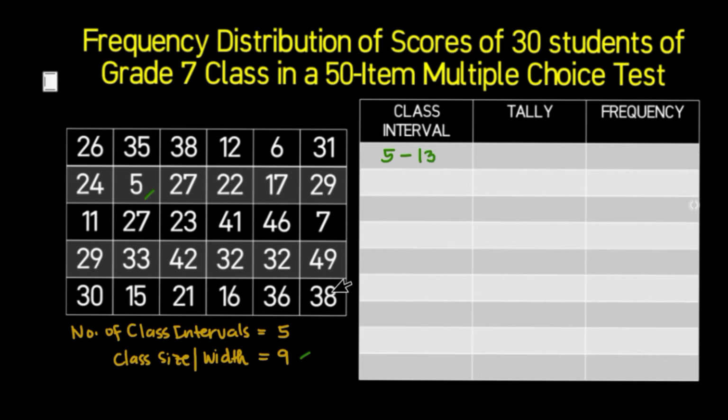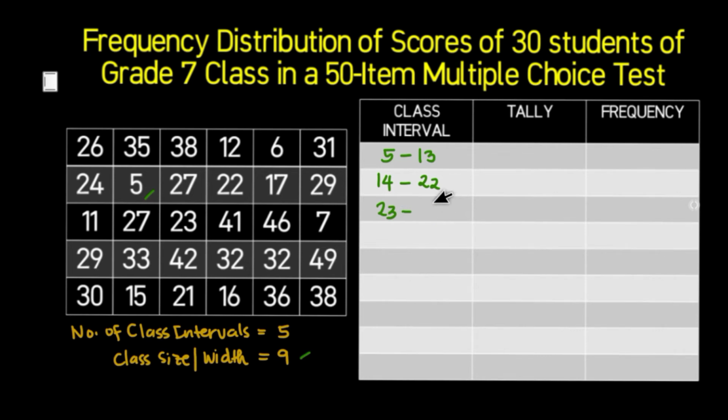So, para hindi tayo bilang ng bilang, ang essence po ng class size or class width is pwede na natin siyang idagdag sa 5 at saka sa 13. So, 5 plus 9 is 14. And then, 13 plus 9 is 22. Next, 14 plus 9 is 23.